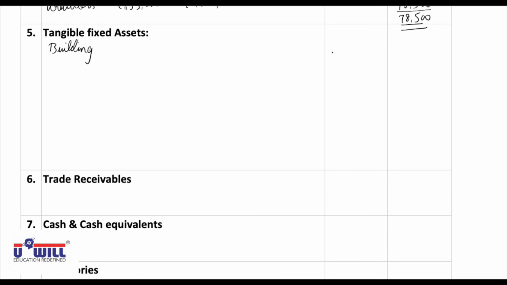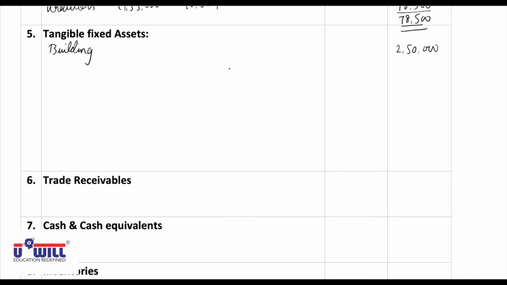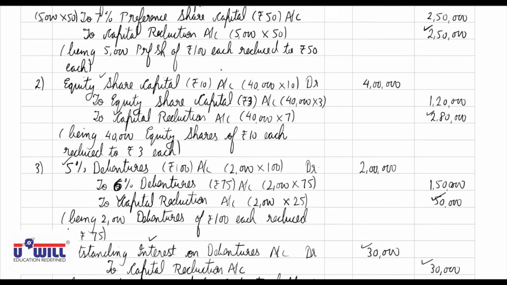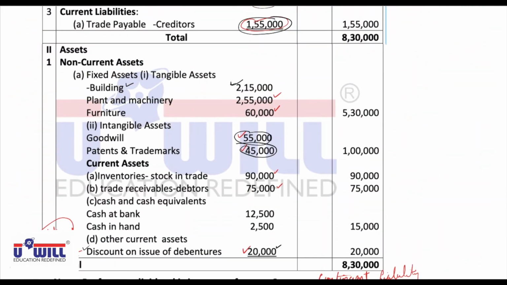Building is 2,50,000 in the outer column. Then after building, which other asset was there in the previous balance sheet in fixed assets?